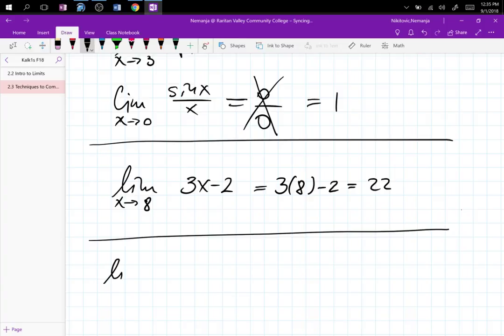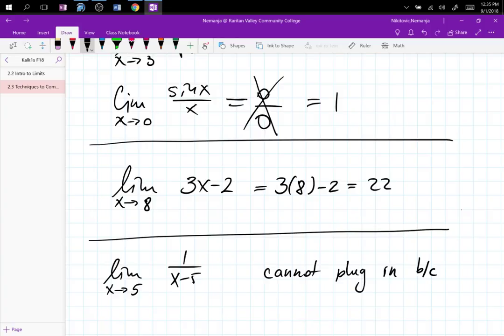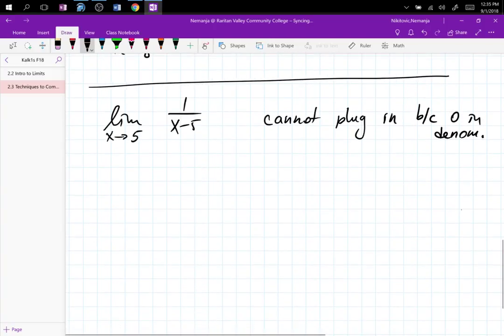If you have a rational function, 1 over x minus 5, as x goes to 5, this is where we cannot plug in because of 0 in the denominator. You have to discontinue the method right away.